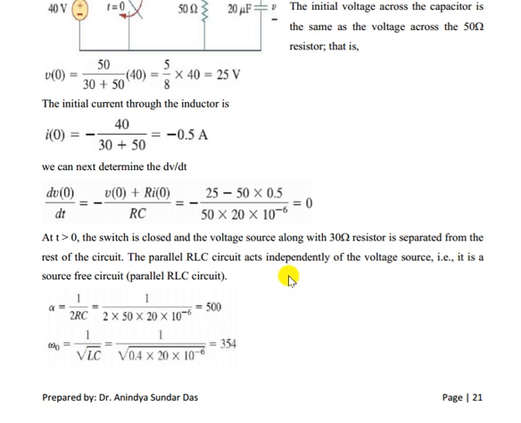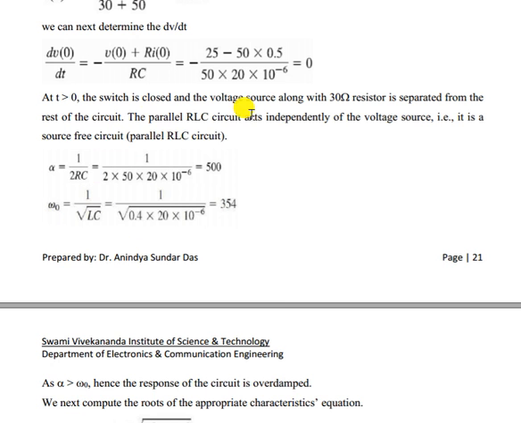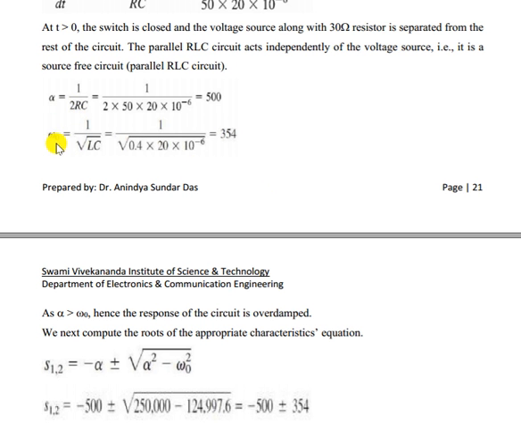then we have to find out the values of alpha and omega 0. For series, alpha is R by 2L, omega 0 is 1 by root of LC, which is the same for series and parallel, and for the parallel RLC circuit alpha is 1 by 2RC. Then you have to compare alpha and omega 0.